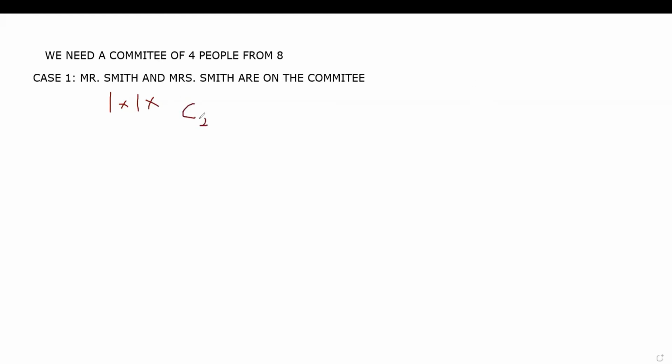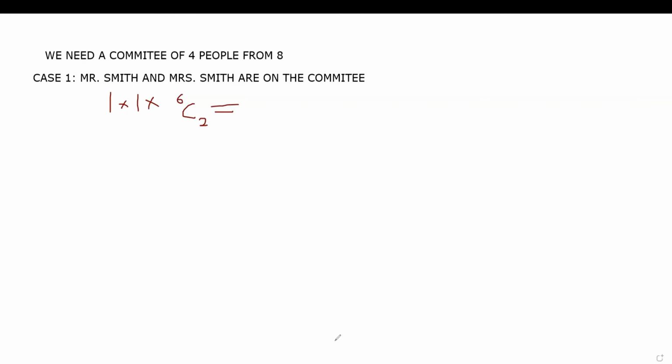So we already select them. Mr. Smith is selected times 1 for Mrs. Smith is selected times, now that means I only have 6 people left back. So we're going to choose 2 people from the 6. And this would give us the number of ways we can choose a committee with Mr. and Mrs. Smith both on the committee.